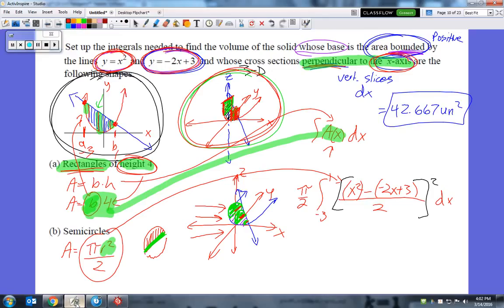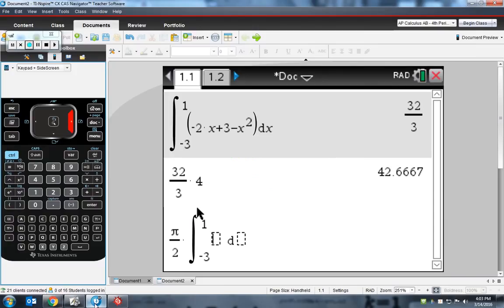And I'm realizing right now, before I get the emails, that I switched my top and bottom by accident. I should not have it like that. Those need to be flipped, because I knew I was going to get some emails. So the top function is negative 2x plus 3 minus the bottom function, which is x squared. So let me put that in the calculator right now.